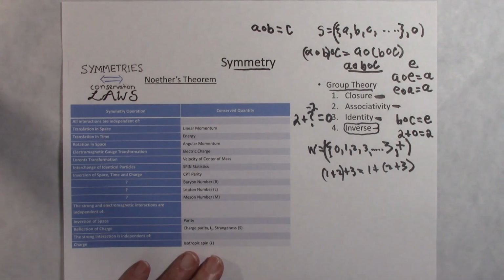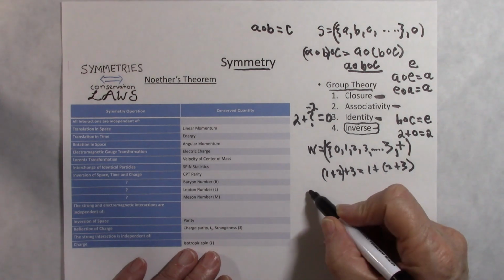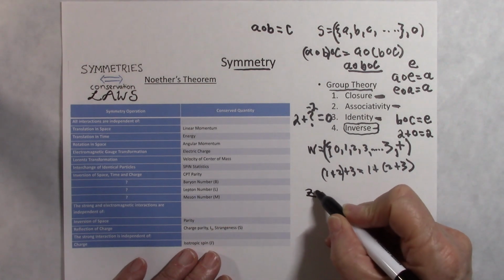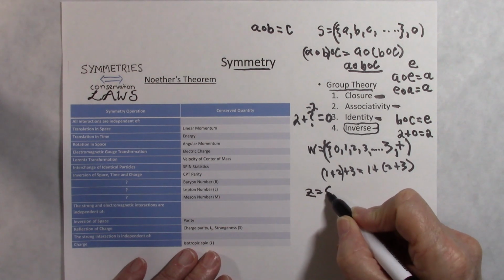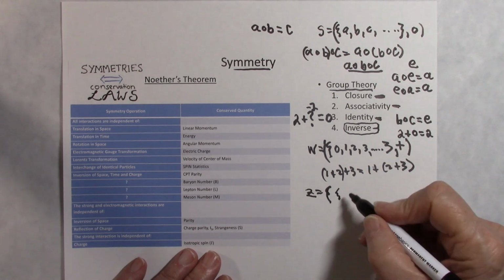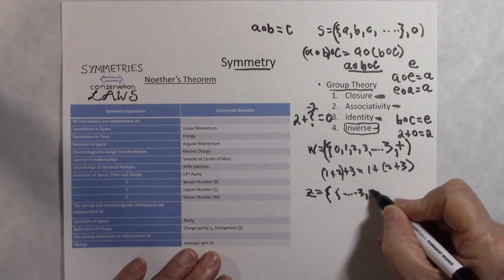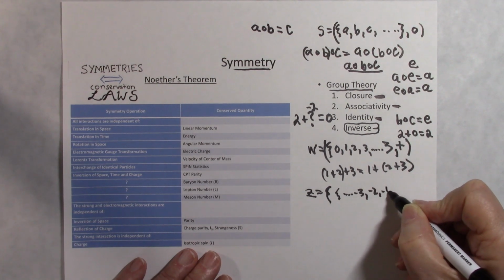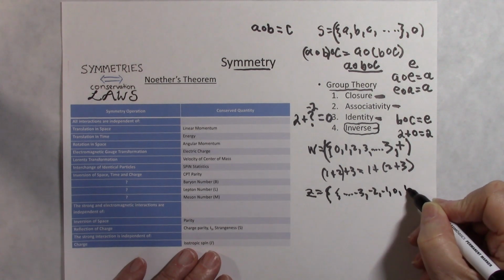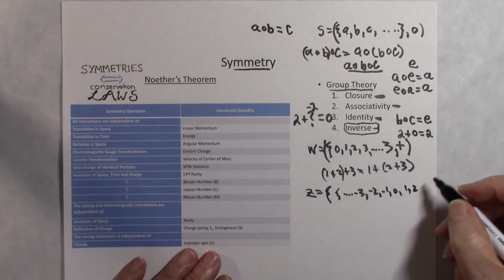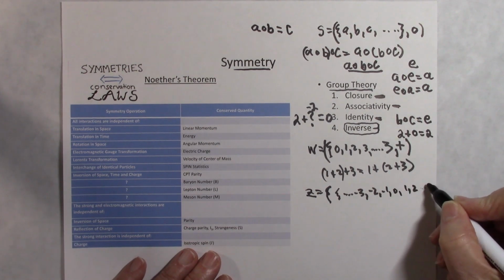All right, so let's see if we can figure out how we could make an algebraic group. Well, let's try another set here, and this set would be the integers. So that would be minus 3, minus 2, minus 1, 0, 1, 2, and so on.